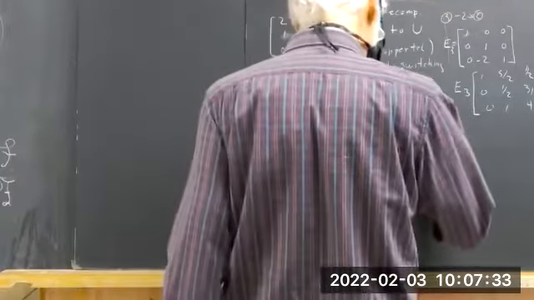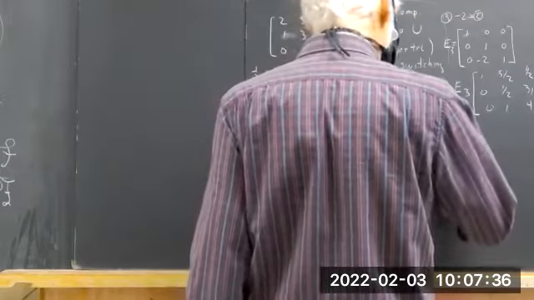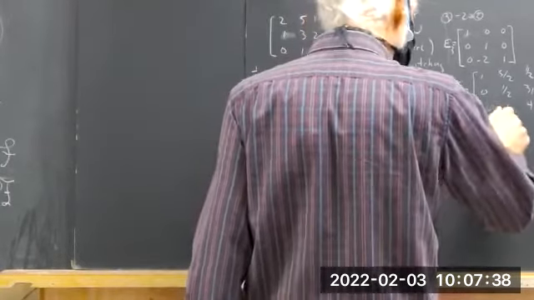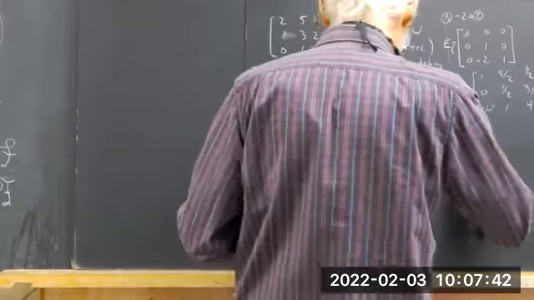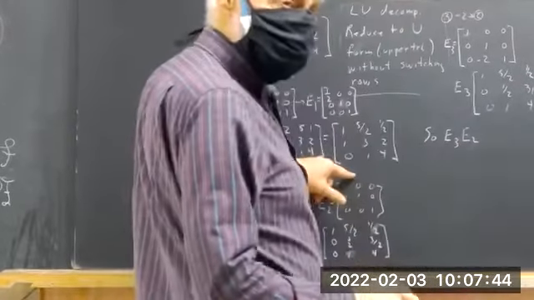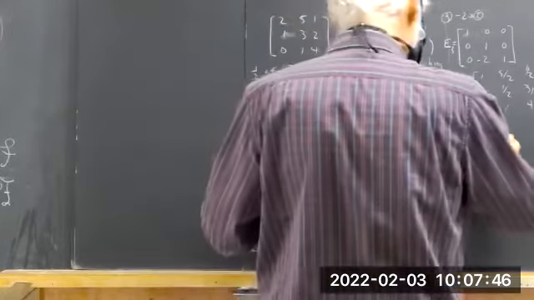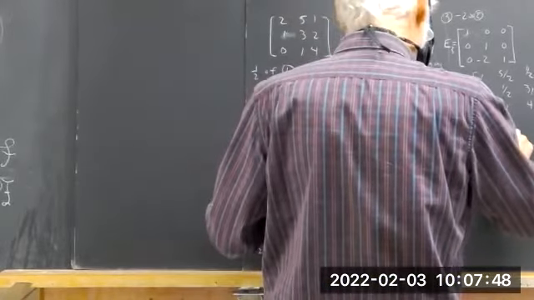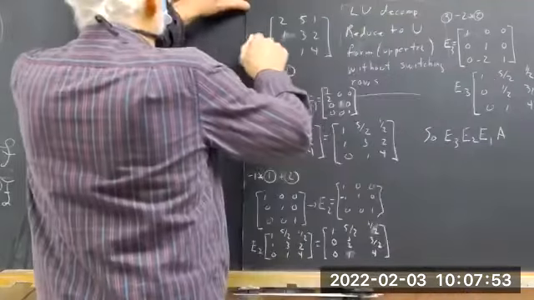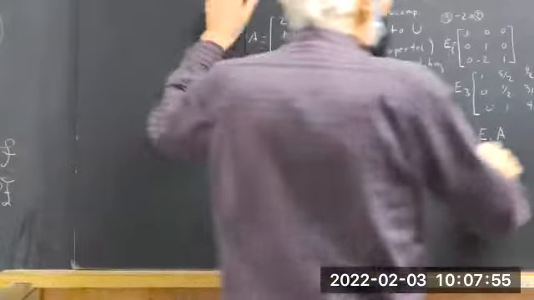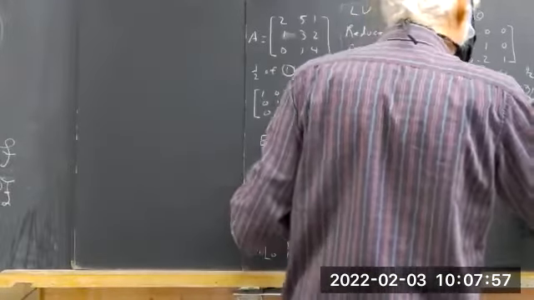Okay, well, then we can say that E3 multiplied by this matrix, which is E2 multiplied by this matrix, which is E1 times our A matrix, and let this be A, equals the identity.